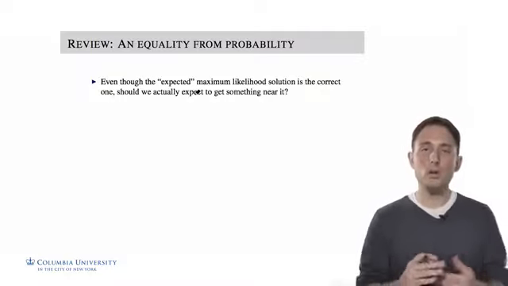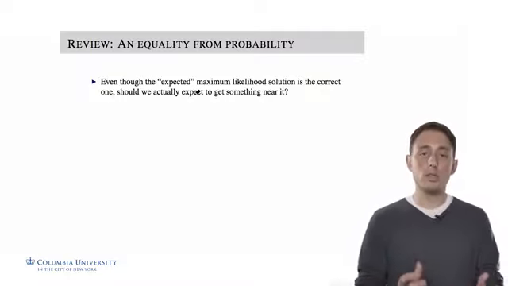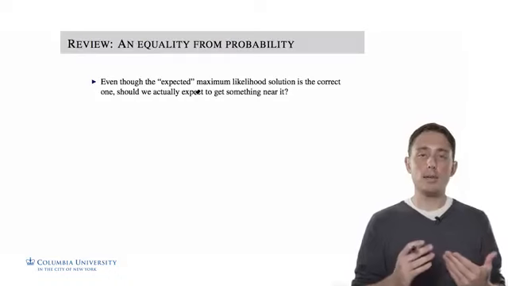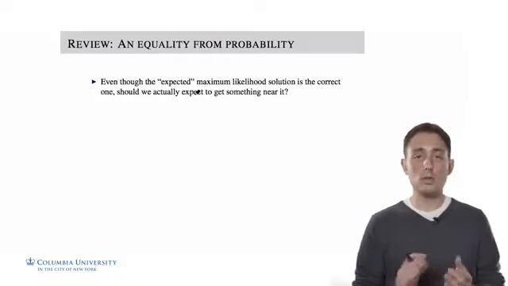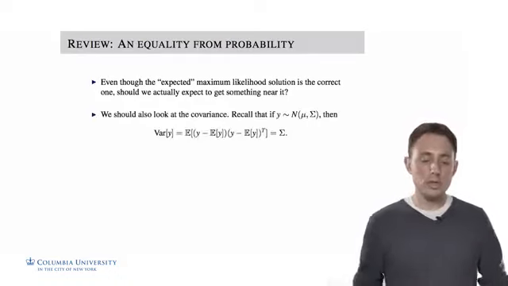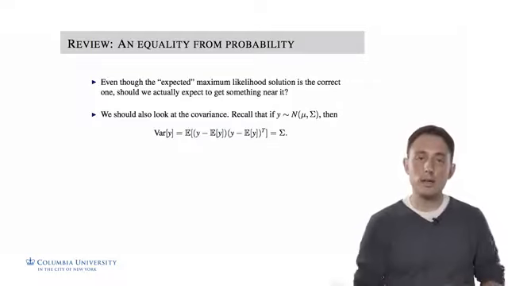So we've shown that the maximum likelihood solution is the correct one, but now we want to calculate the variance of that solution under the same modeling assumption. To do this, we should also look at the covariance.